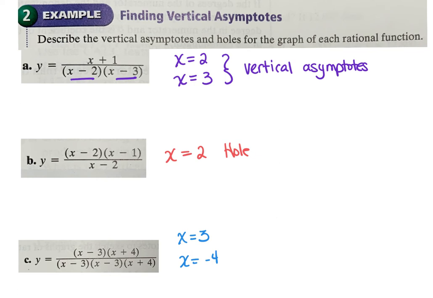Vertical asymptote? That's 3, right? Because it's cancelable, but you still have that guy left over, so he's vertical. Yep. And what about -4? That's a hole. All right.